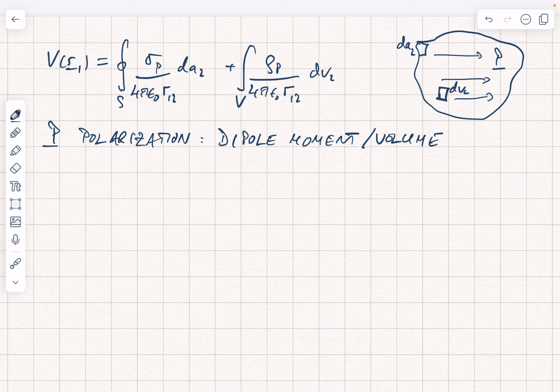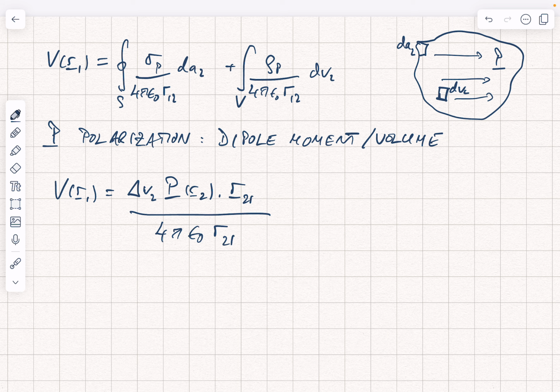So the potential due to a small volume is going to equal delta V, the little volume at V2, multiplying the polarization P at R2, dotted with R21, divided by 4 pi epsilon naught R21 cubed.